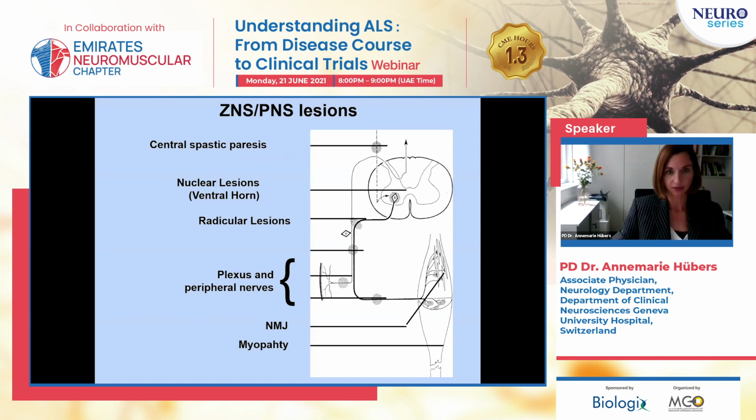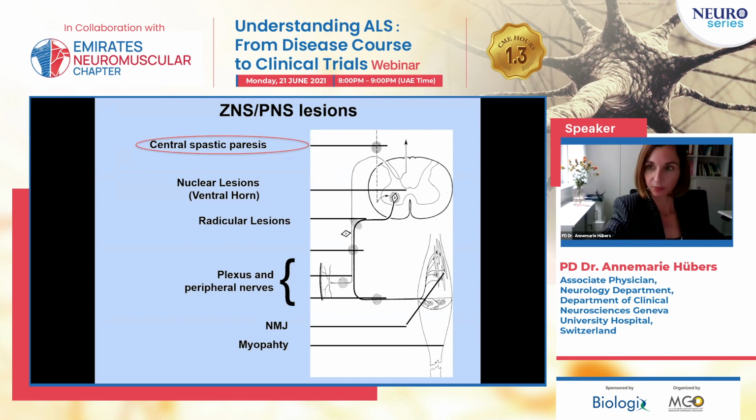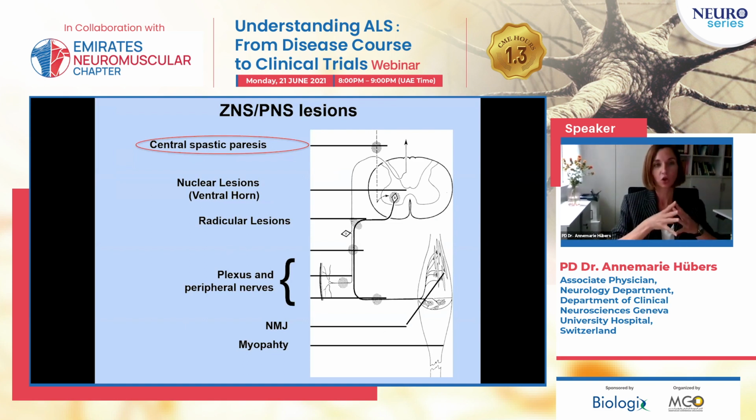And in the classical ALS, which is an affection of the central and the peripheral nervous system, you may have on the one hand a central spastic paresis due to lesion of the first motor neuron, and a flaccid paresis due to ventral horn lesion or nuclear lesions.